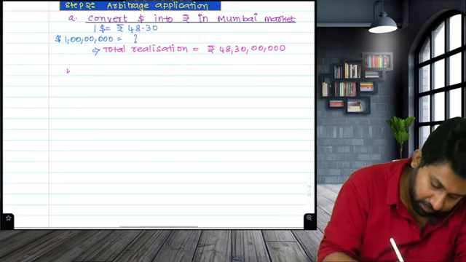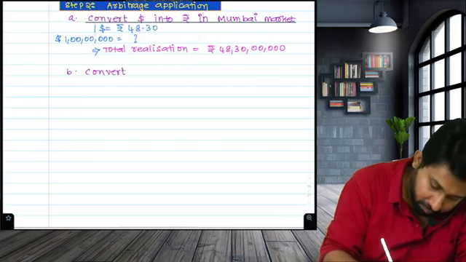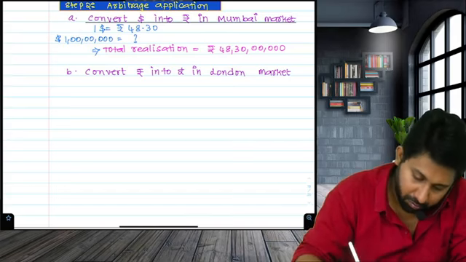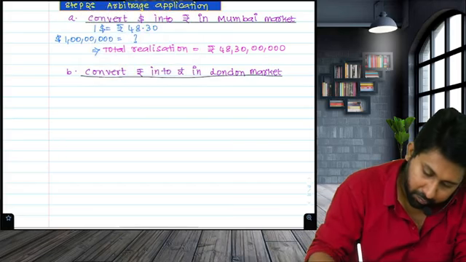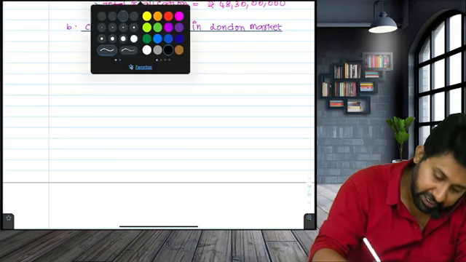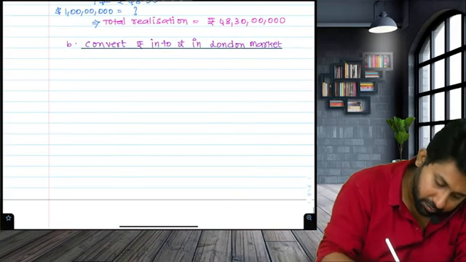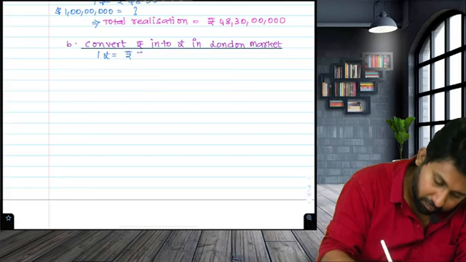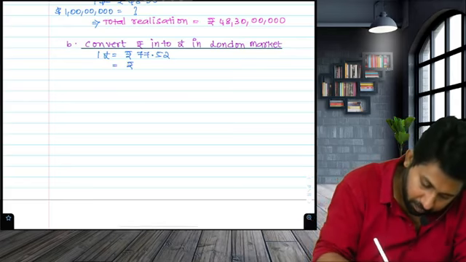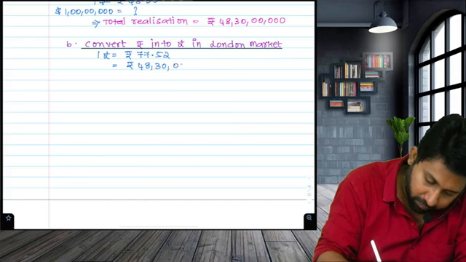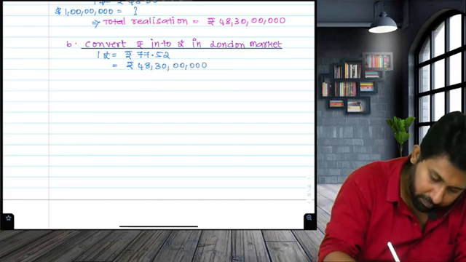Next, step B. Do along with me, everyone. Convert rupees into pounds in London market. First, let us write the rate.